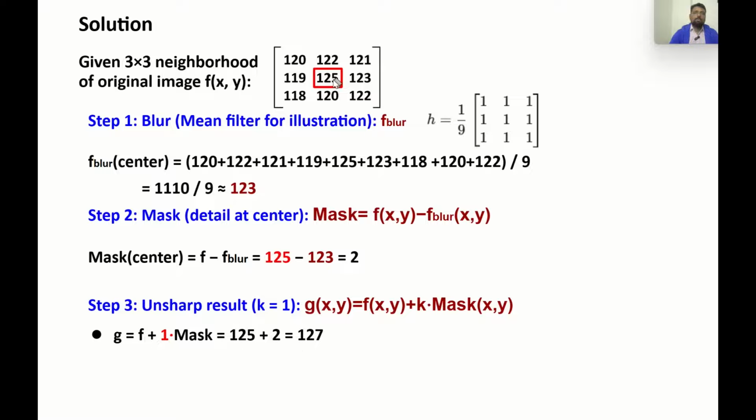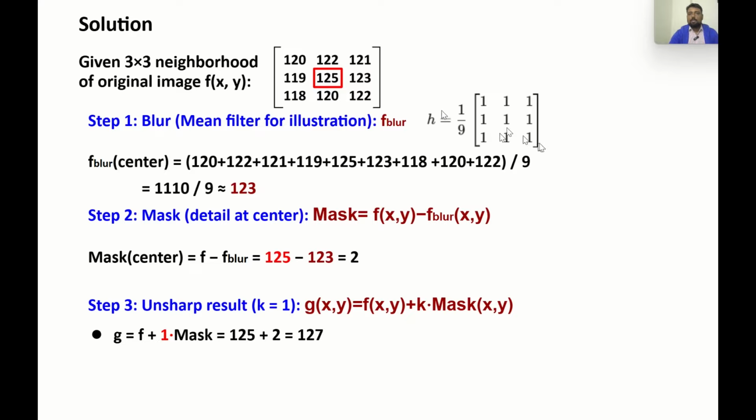You remember I told you that we'll take the input pixel and subtract the blurred pixel from it, and whatever value comes, we add to the original pixel value. That is what is happening here. First it identified the blurred value. How to identify the blurred value? By using the mean filter.